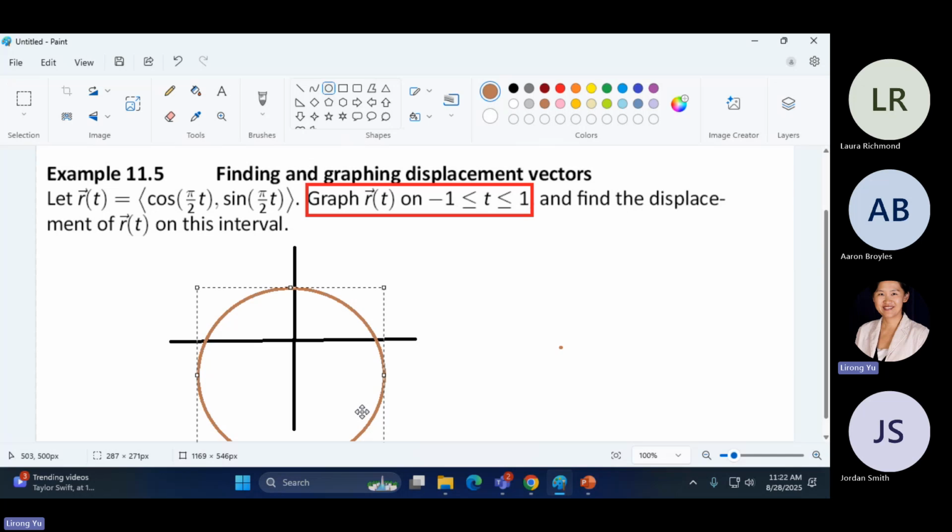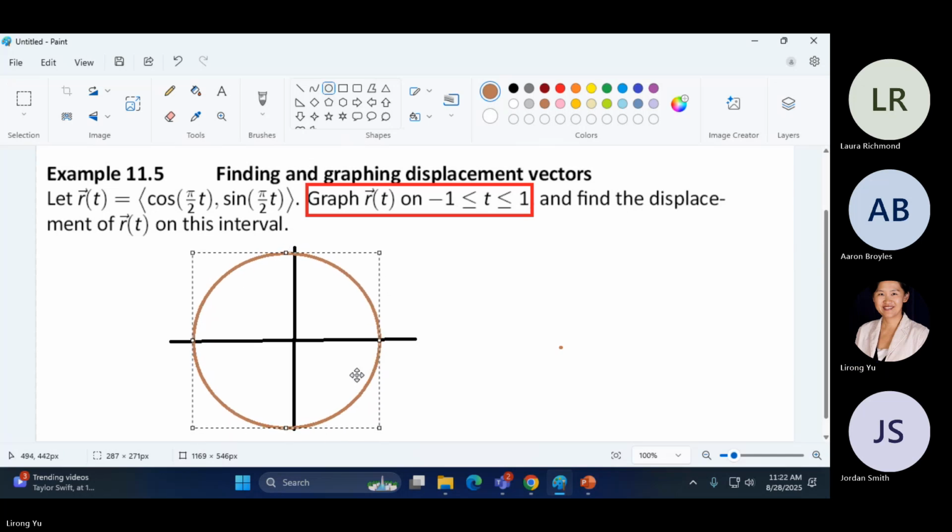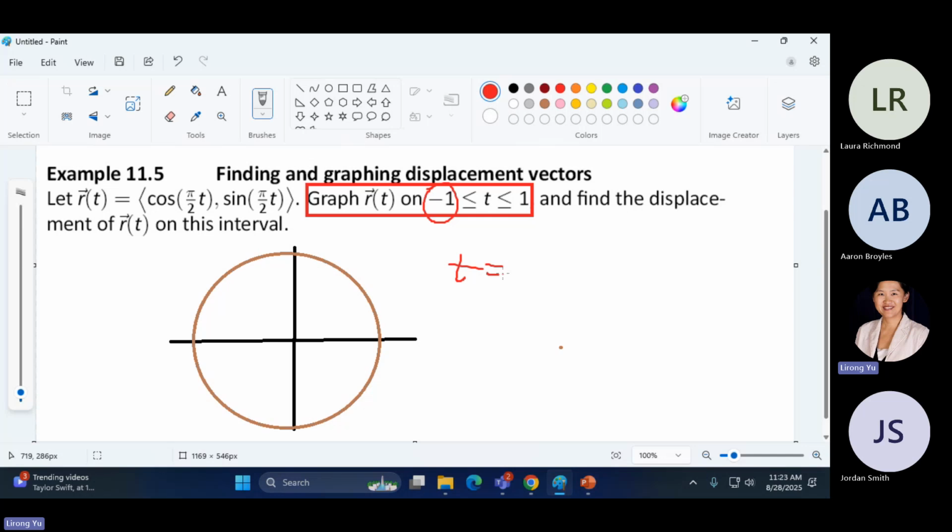We have a circle of radius 1. But whether we have the entire circle, that is a question. So let's look at the initial point and terminal point. Here we have -1. Now, if t equals -1, what will happen to the point? We'll have cosine of -1 times pi over 2, so it's cosine of -pi over 2.